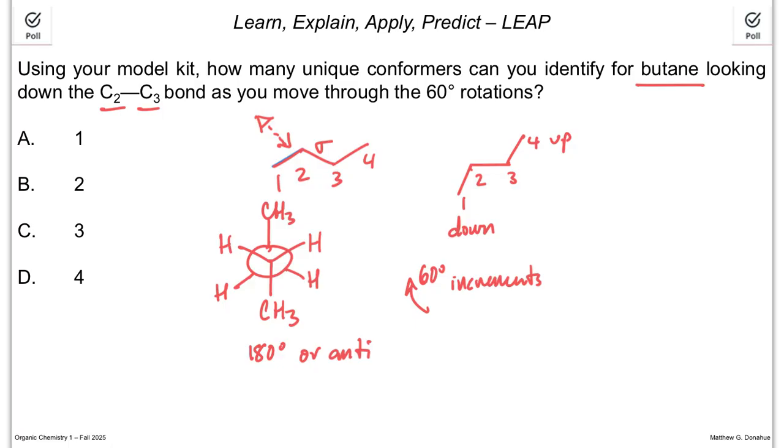These rotations are always done in 60-degree increments. We have one drawn, so it's got to be more than one. If you do a 60-degree rotation, that's going to get you at least two. But then how many more after that are there?